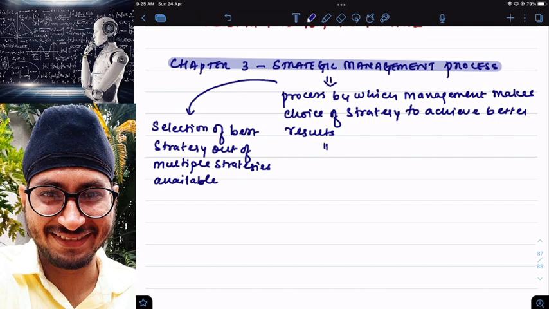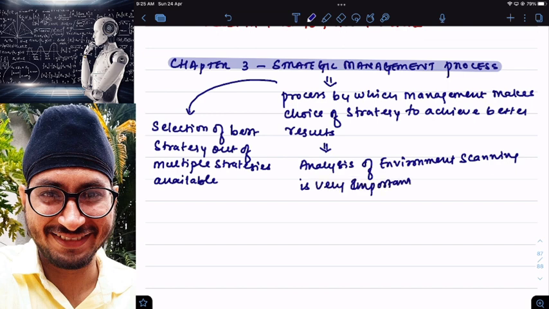In strategic management process, one thing you have to be very careful about: analysis of environmental scanning. Environmental scanning is very important. Environmental scanning means analyzing the internal environment and also analyzing the external environment.